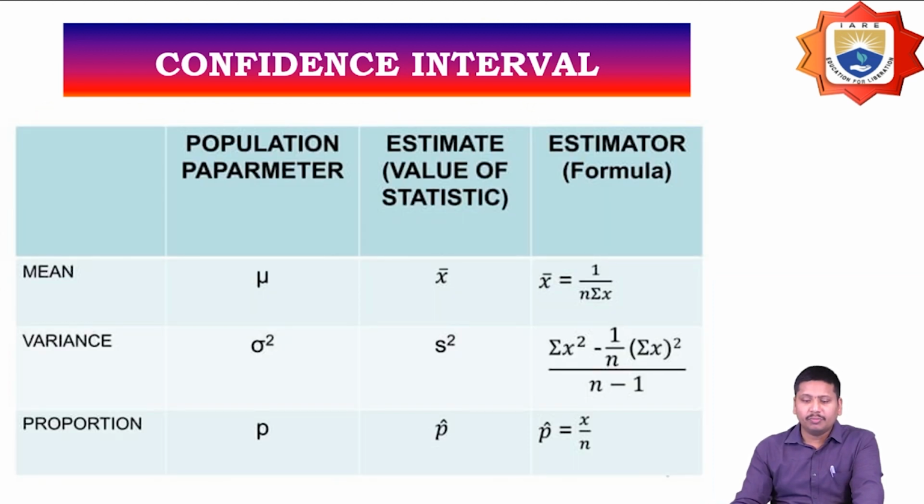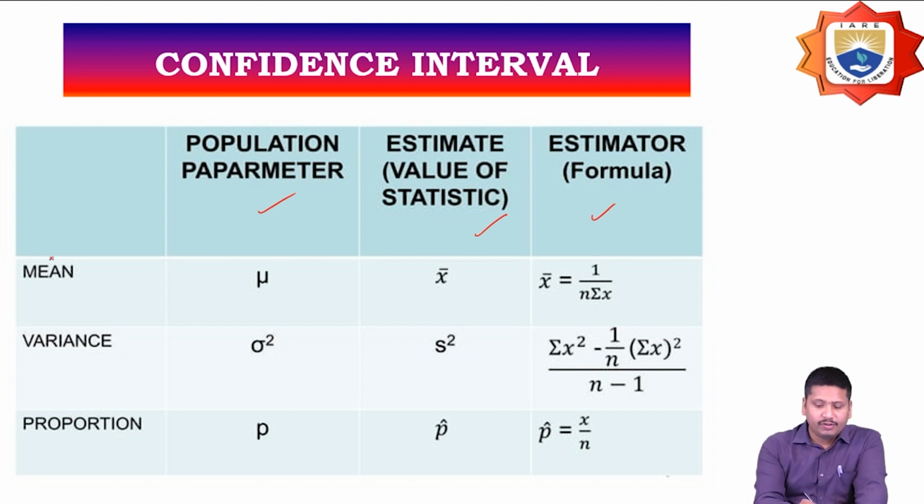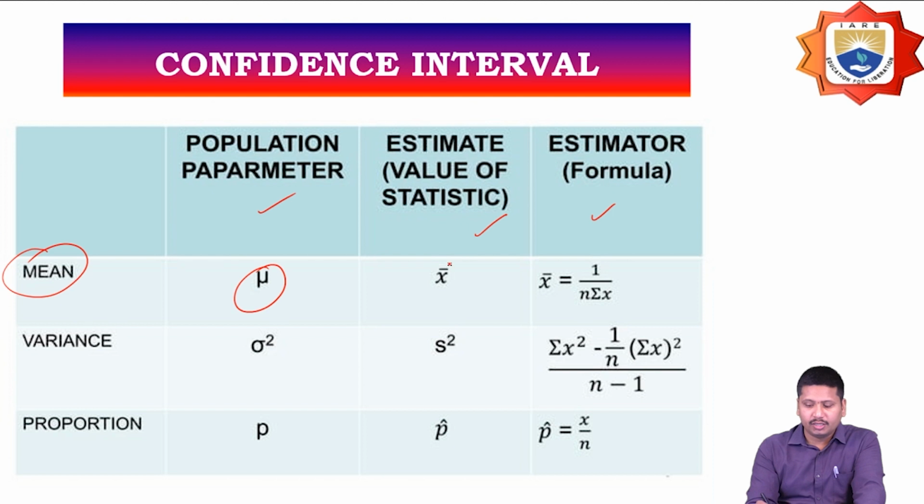So these are some of the basic formulas we have to know here. Mean: I'm taking the population parameter, and now we are going to estimate the value of the statistic, and what should the estimation formula be? The very first thing, many of you know, is the mean. The population parameter is represented as mu, and the estimate is represented as x bar.